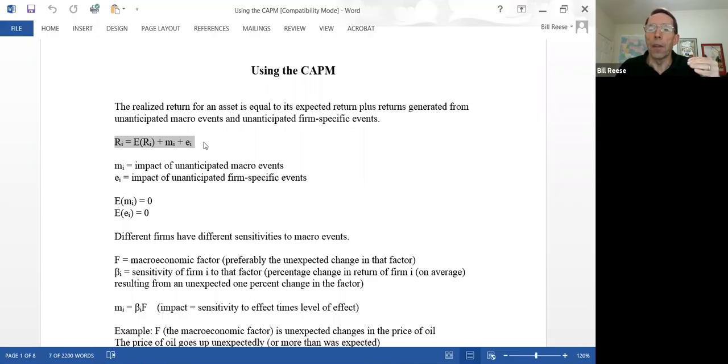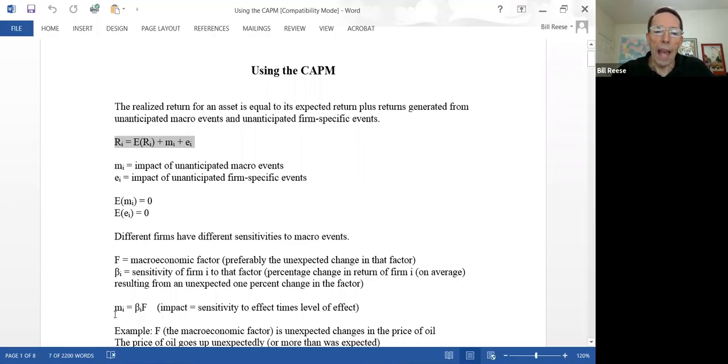So the change in the economy affects every stock, but it affects them all differently. Beta sub I is going to be the sensitivity of the firm to that factor. Now, this is not exactly the same beta we were talking about in the CAPM. So now just think of this beta as being the sensitivity to the factor.